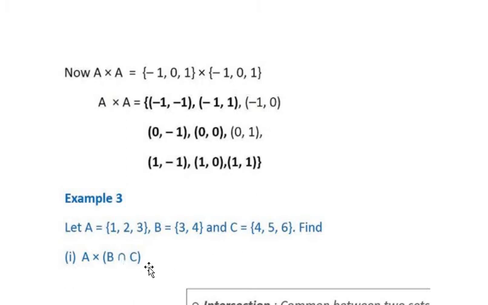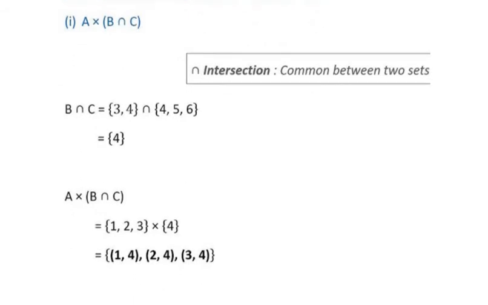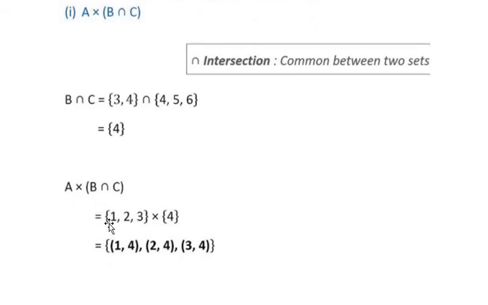So first of all we need to find B intersection C. Can you tell me what will be B intersection C? Yes, it is {4}. So now we will take {1, 2, 3} Cartesian product with {4}. Total elements in A cross (B intersection C) will be 3 multiplied by 1, that is 3. So we will get (1, 4), (2, 4), (3, 4), 3 ordered pairs.